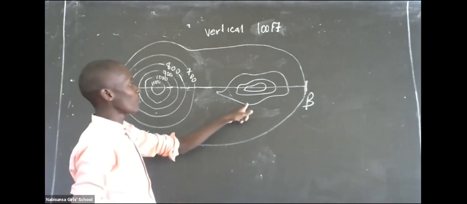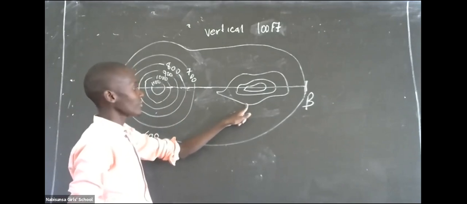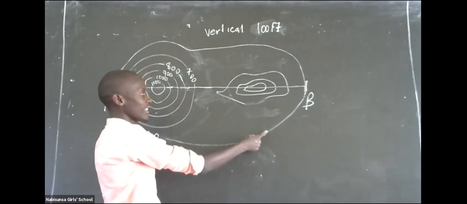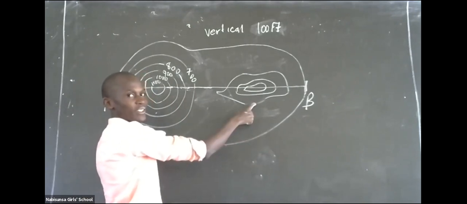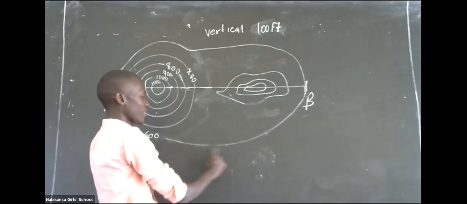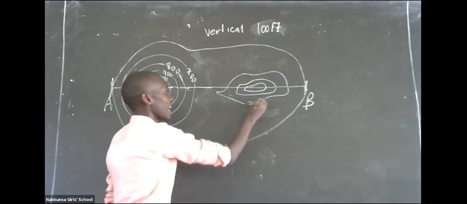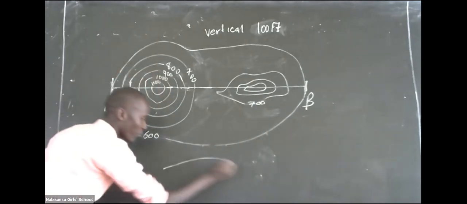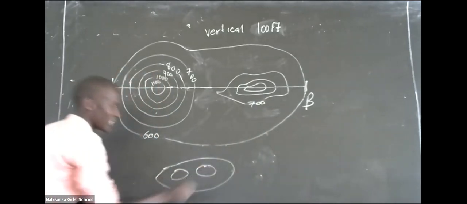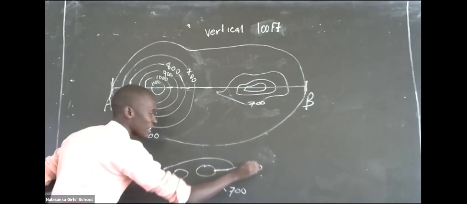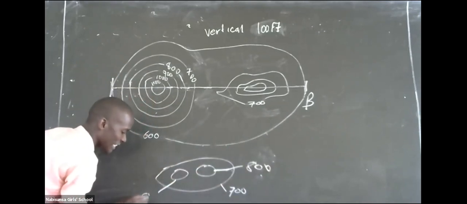Now, what's the answer of this one, starting from outside as I climb? 700. Now, people, look here. If you find the contours are inside each other, and this one is 700, this one is going to be 800, and this one is going to be 800.